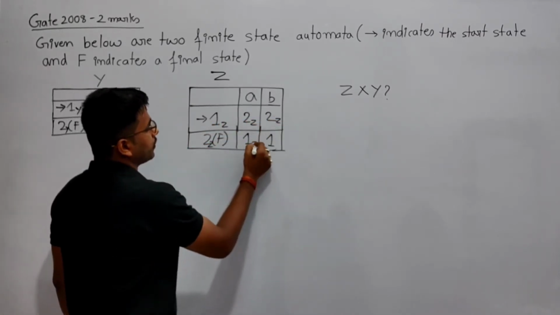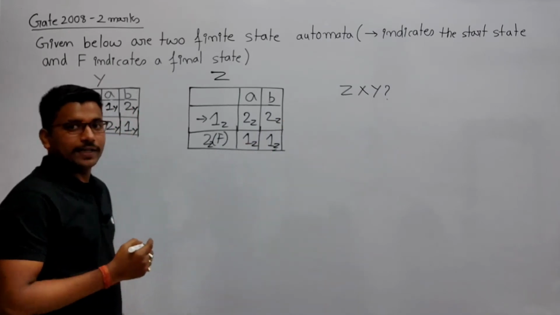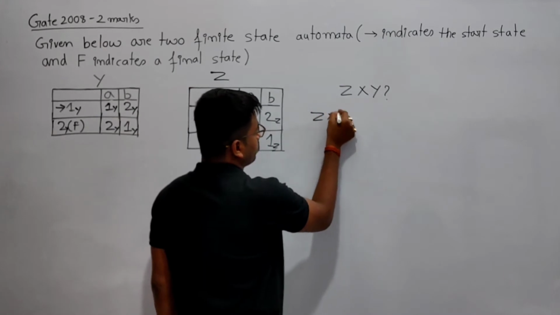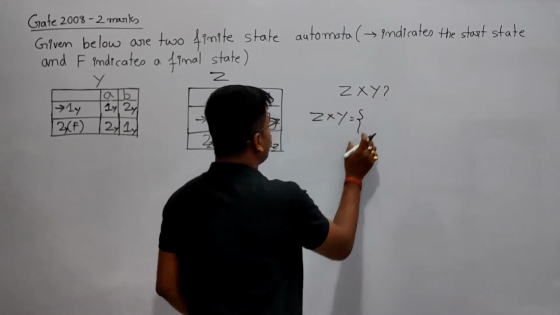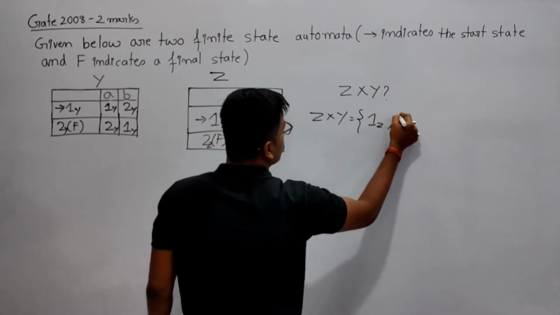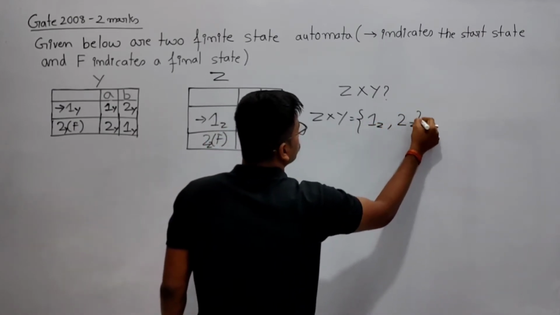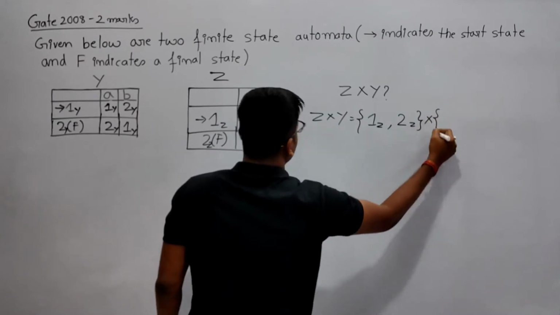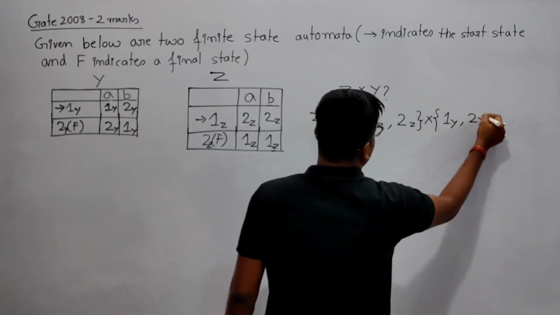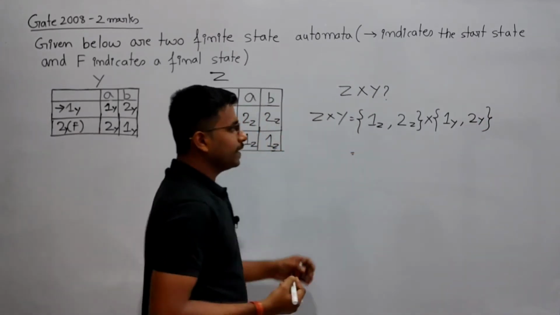Now since they are asking Z into Y, you know that in the cross product Z into Y, Z will be first. So 1Z, comma 2Z. Then you will get 1Y, then 2Y. In this way you will get the number of states.